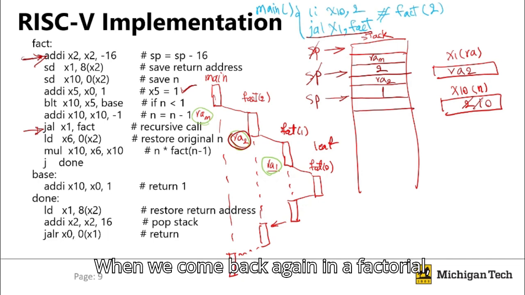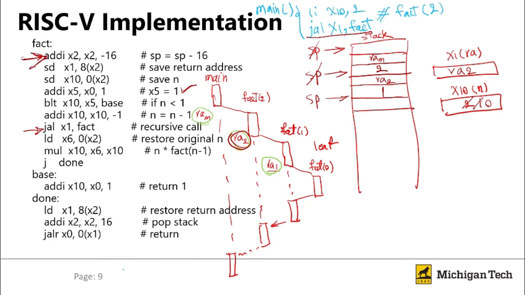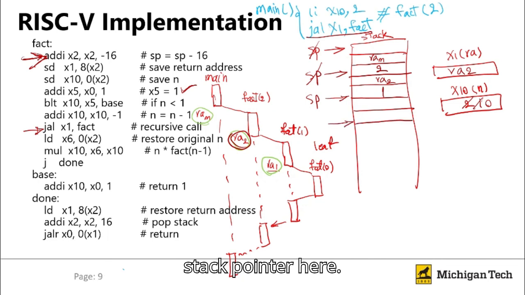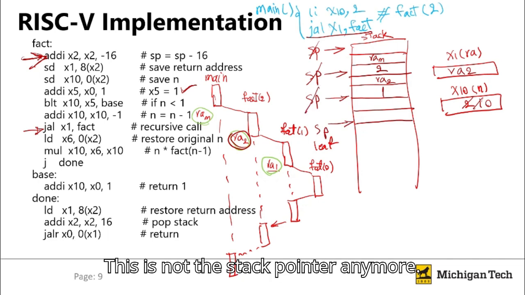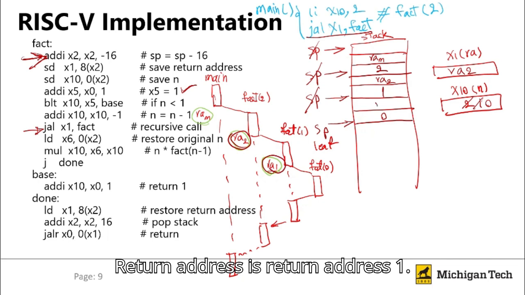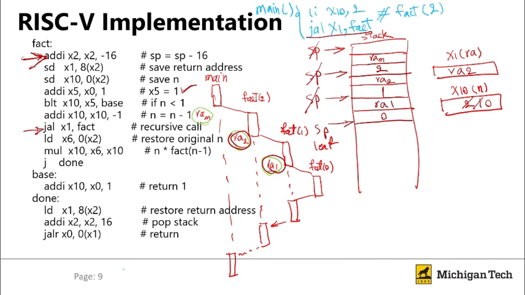When we come back in factorial, again we allocate memory. We change the stack pointer here. This is not the stack pointer anymore, and we put n here. n is 0, and we put the return address. The return address is return address 1. Okay, that's good.